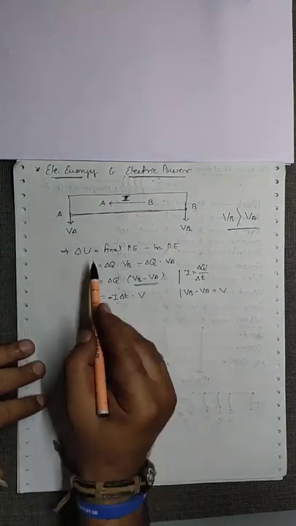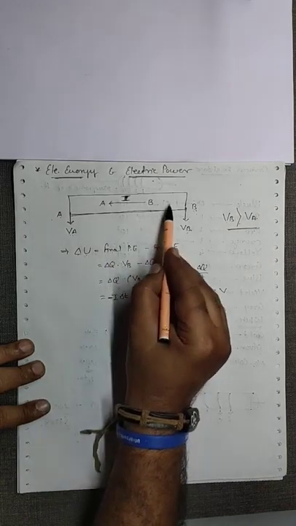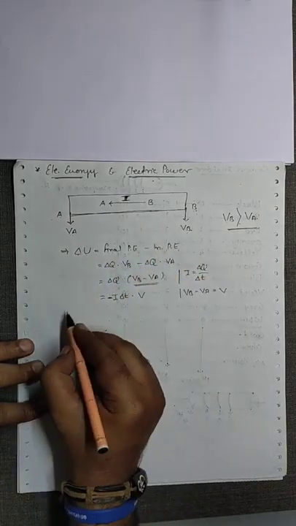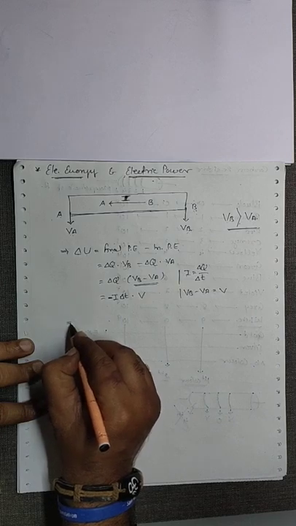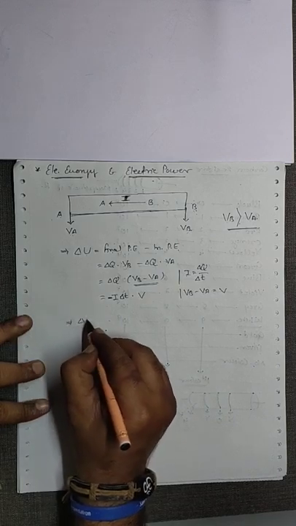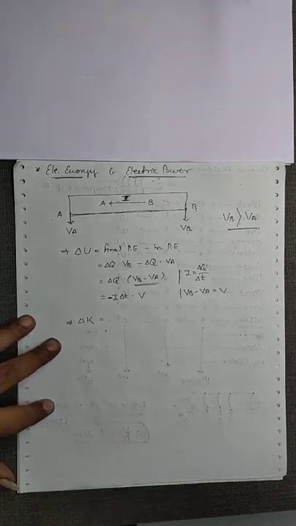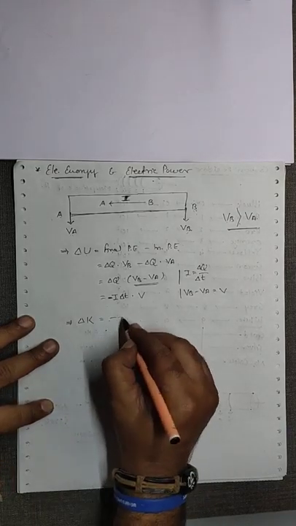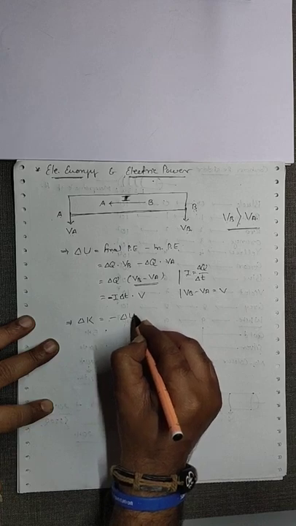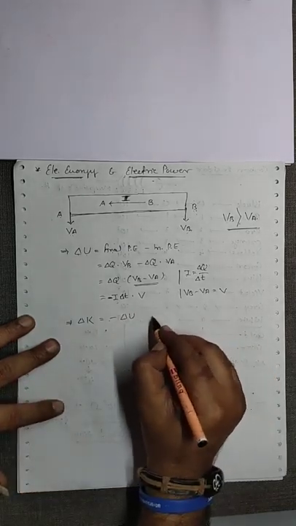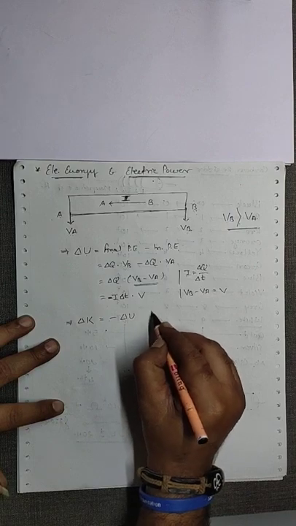Okay, so this is the energy when charges are steady, but when the charges are moving, it has kinetic energy, that is delta K, and you know that delta K is equal to minus delta U. From where does it come? It comes from the law of conservation of energy.